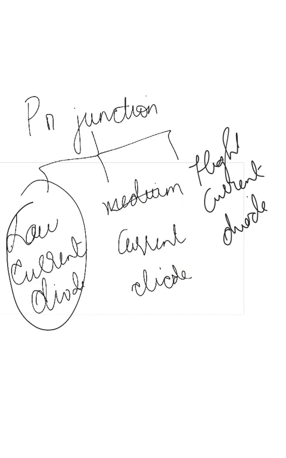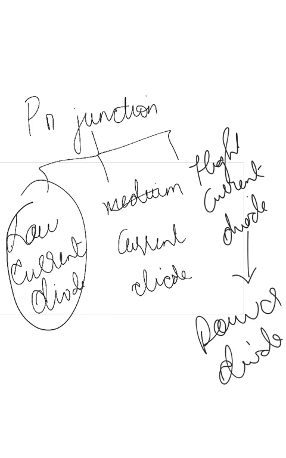A high current diode, also called a power diode, can pass a forward current of many amperes and can survive several hundred volts of reverse bias. So there are three types: low current diode, medium current diode, and high current diode or power diode.